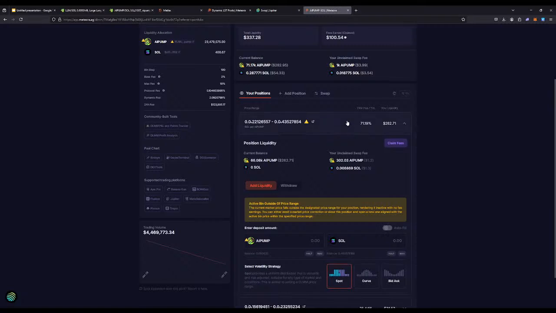And for most part of the day, since this was the active position, this was already making about 71. So I think I have had this position active for about 6 to 8 hours. So if you divide 71 by 4 or 6, that is basically what I've already made on this amount.